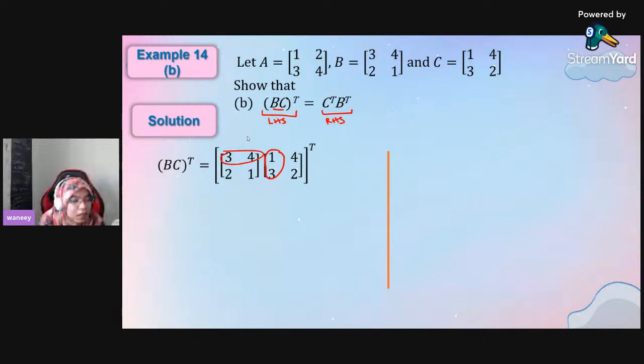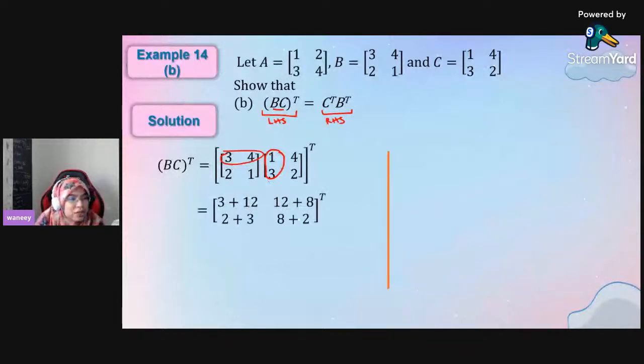So they will become 3 times 1 plus 4 times 3 and then 2 times 1, 1 times 3, 3 times 4, 4 times 2, 2 times 4, 1 times 2. Okay, so it will become 3 plus 12, 2 plus 3, 12 plus 8, 8 plus 2.